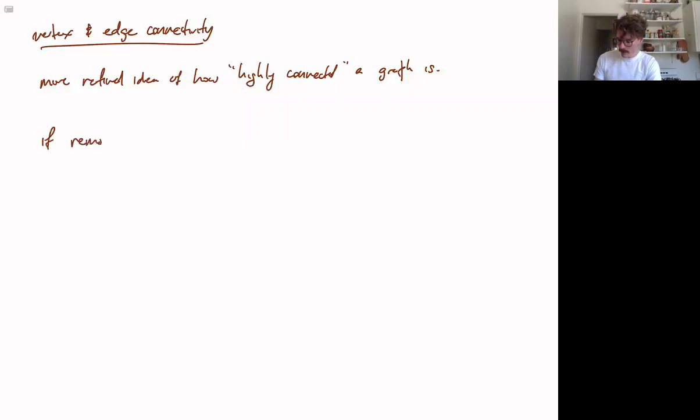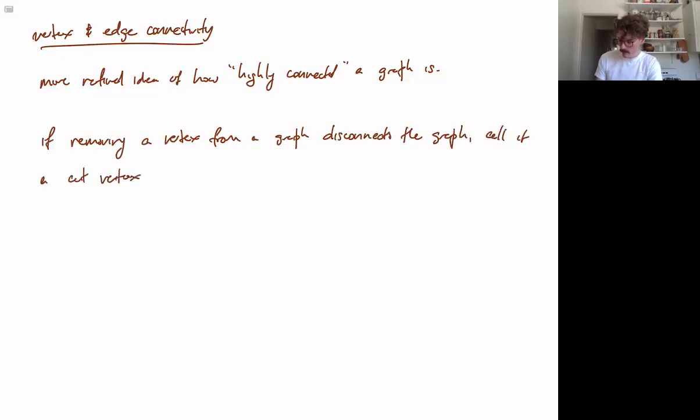If removing a vertex from a graph disconnects the graph, we call that vertex a cut vertex. Basically because we can cut the graph in two by cutting at that vertex, essentially.